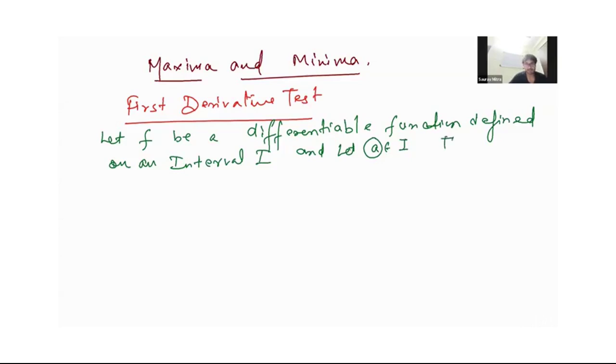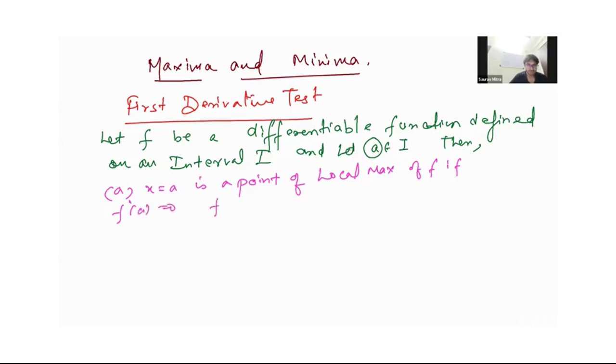So now the method starts like this. First, the point x equals a will be a point of local maximum of f if f dash a equals 0. First we put f dash a equals 0, then we check the nature at a.